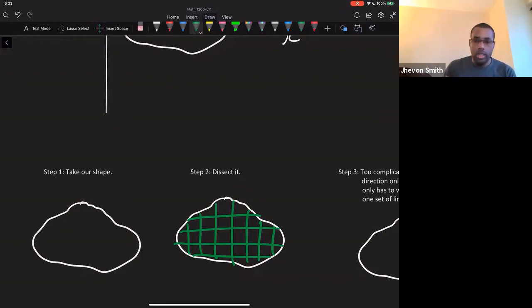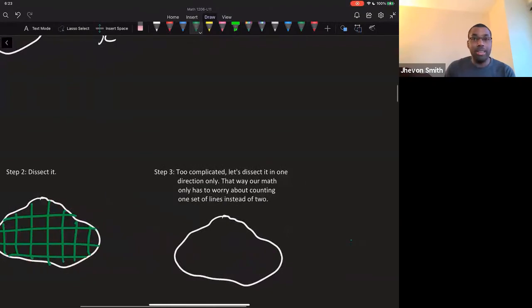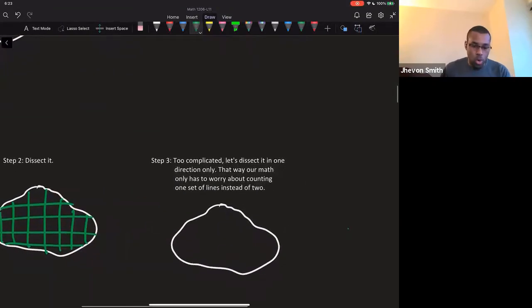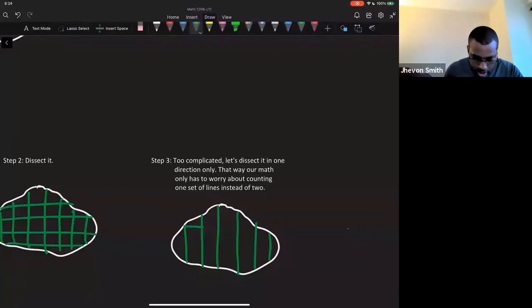That's kind of hard. So to make it less complicated, you just dissect in one direction only, right? So I'm going to dissect things vertically. That way my x is tracking where the dissections are. I only have one independent variable here. And then you can create these shapes that you want. So I can dissect it into some rectangles.